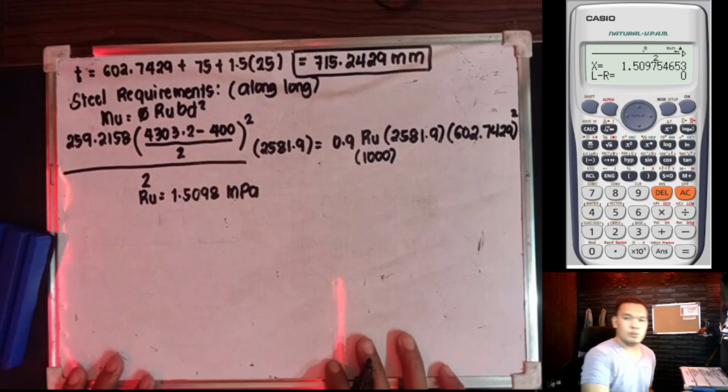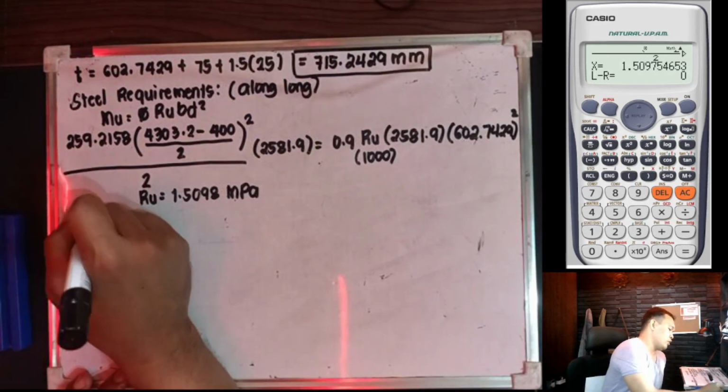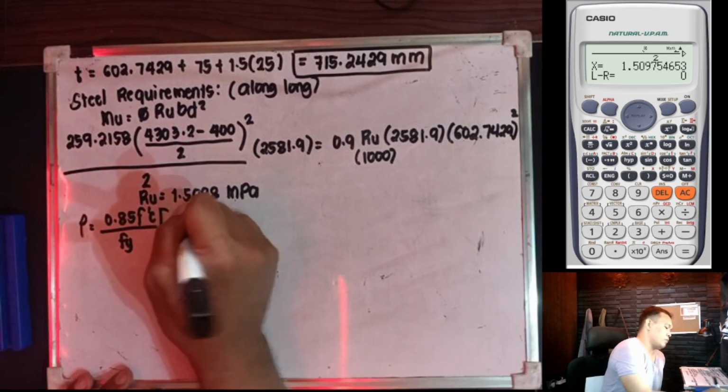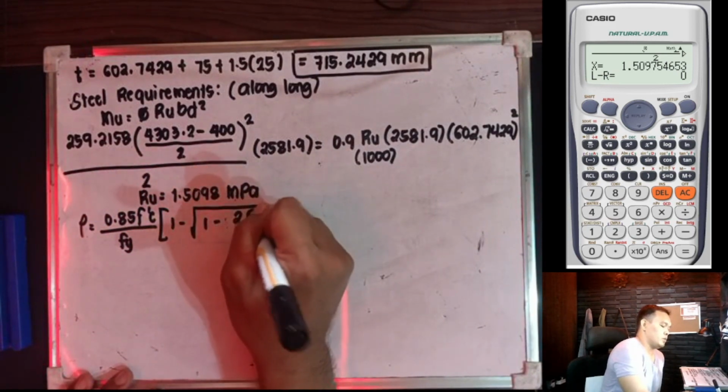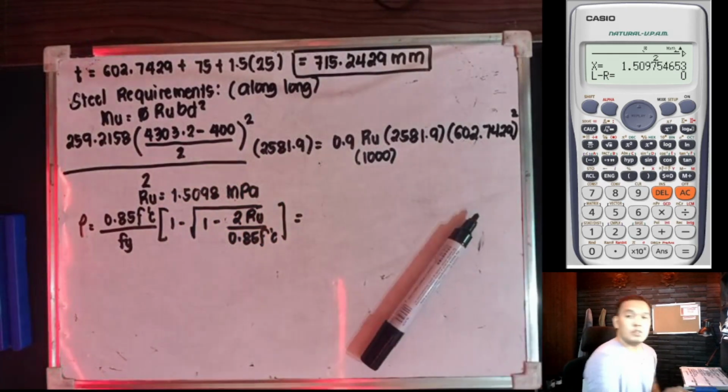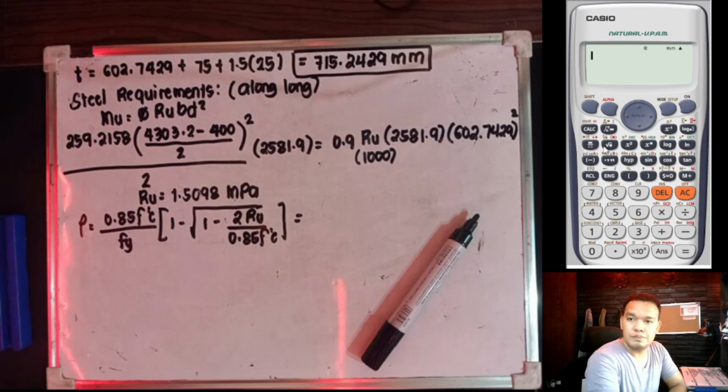Then after getting the value of RU, we have here rho is equivalent to 0.85 F prime C all over Fy multiplied by 1 minus the square root of 1 minus 2 RU over 0.85 F prime C. So we have 0.85 F prime C, which is 20.7, all over 415, multiplied by 1 minus the square root of 1 minus 2 RU.